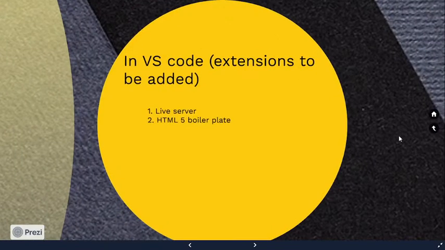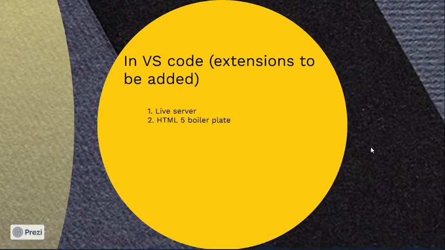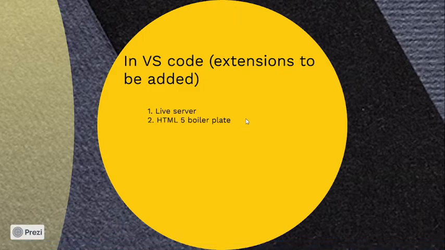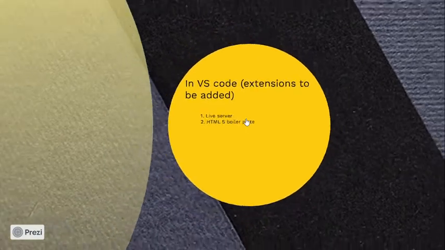In VS Code we need some extensions to be added. The two necessary extensions are Live Server and HTML5 boilerplate, and there is one more which is not necessary. I will tell you how to download them in the further videos.